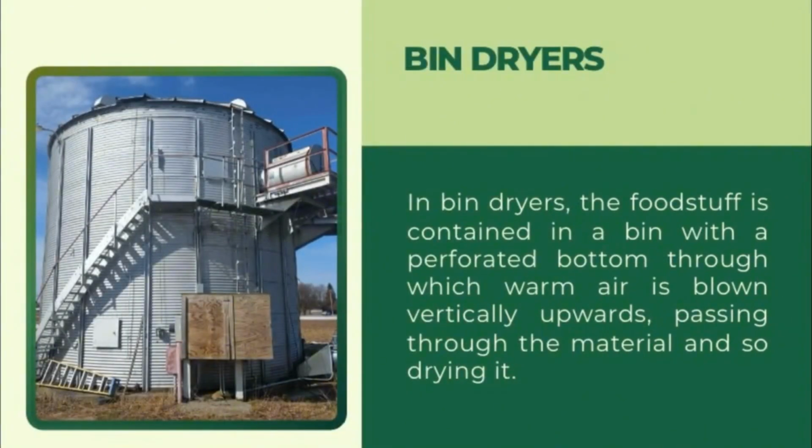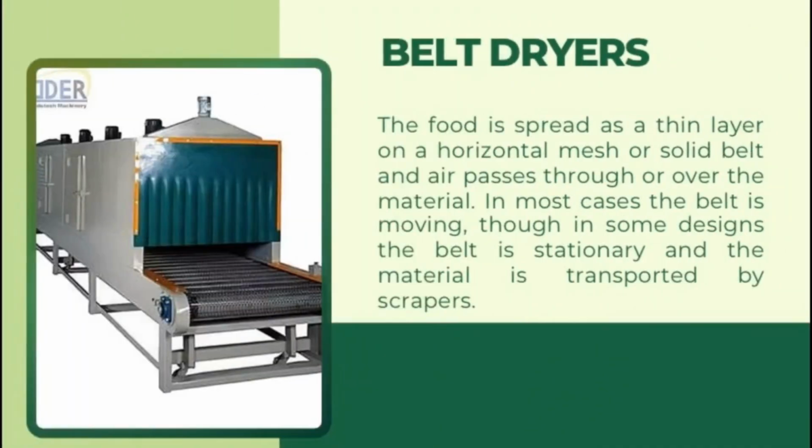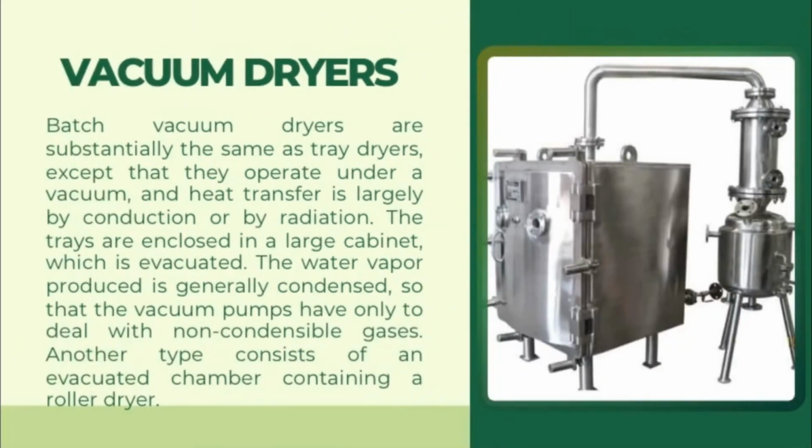Warm air is blown upwards through food in a perforated bin. Belt drying: food is spread thinly on a moving belt with air passing over and through it. Vacuum drying is similar to tray drying but under vacuum to enhance heat transfer.